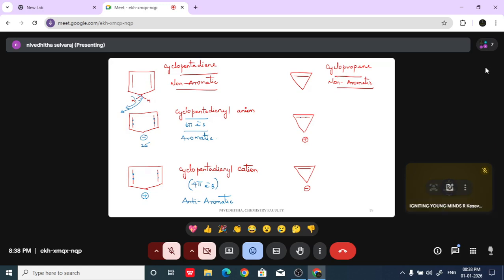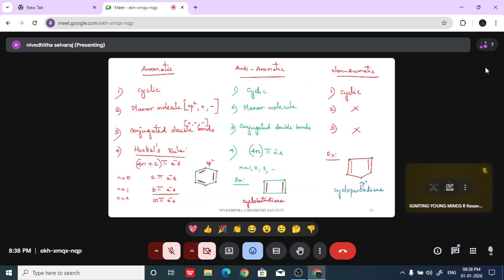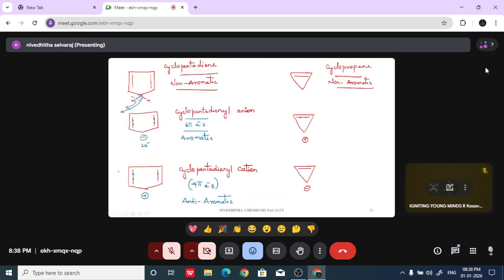Since this is a positive charge, this doesn't have any electron, right? So what rule is this following? Aromatic, ma'am. Yes, because this follows our Huckel's rule, because this has 2 pi electrons, right? So it is aromatic.